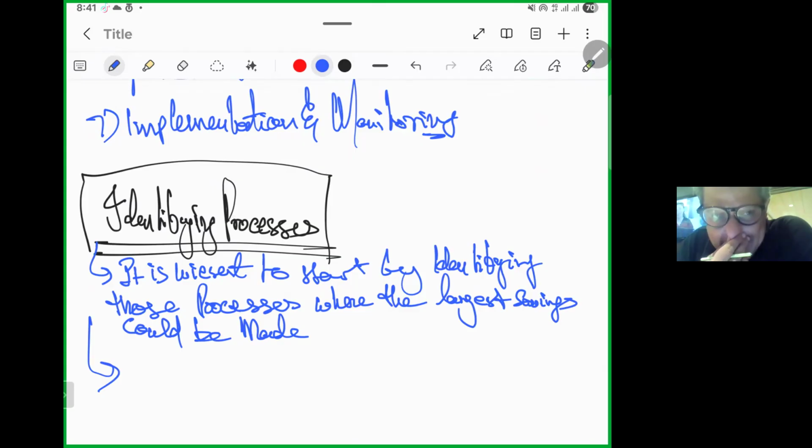This may be one on which a higher portion of the budget is spent, or processes which are underperforming significantly.